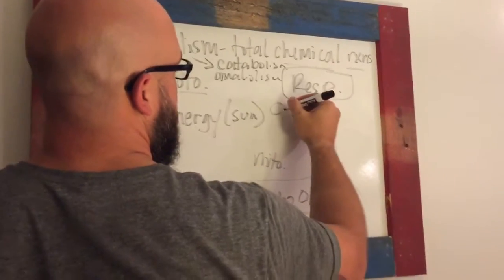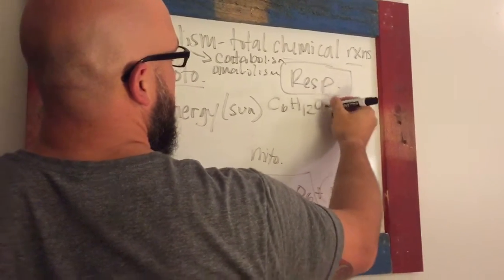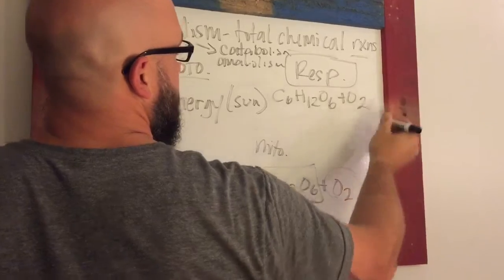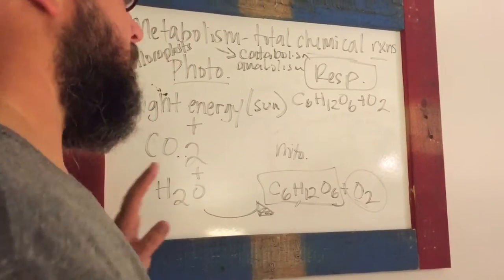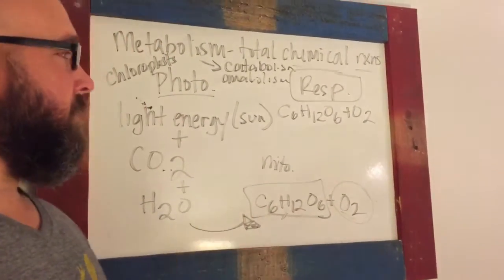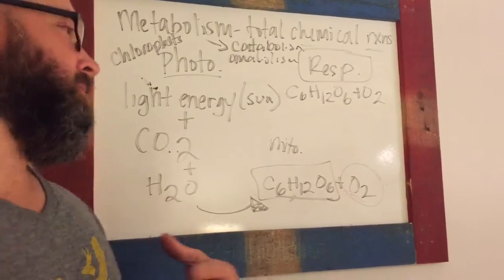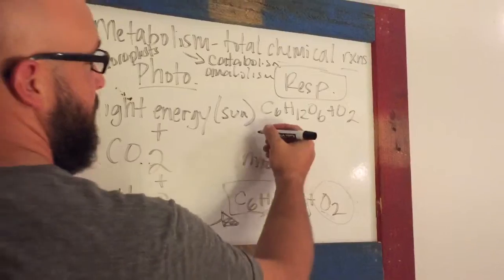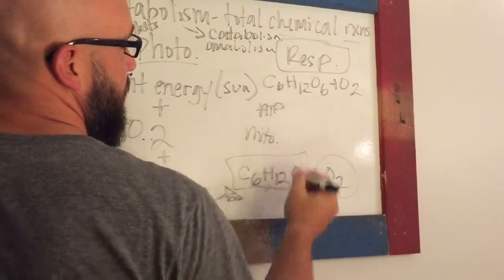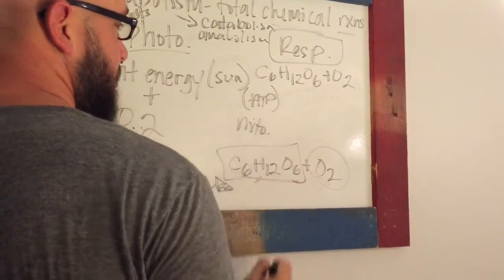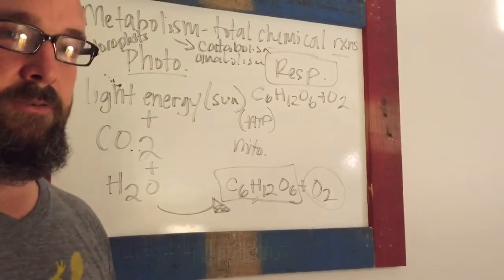Say the respiration is C6H12O6 plus oxygen. Okay, and then it's going to go through all of these processes. It's going to go through fermentation. It's going to go through the Krebs cycle. It's going to go through all these processes, releasing ATP in different amounts at different times. ATP is energy that we can actually use.